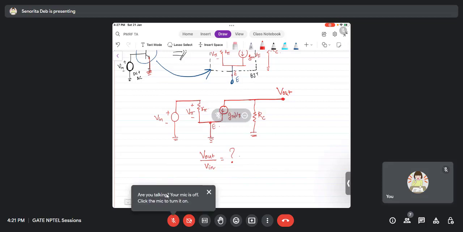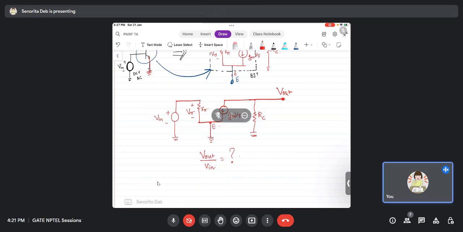Please solve it, okay? I'm giving you guys 2 minutes. Please solve. Whoever is new to this topic as well as whoever are old, it will be a revision.